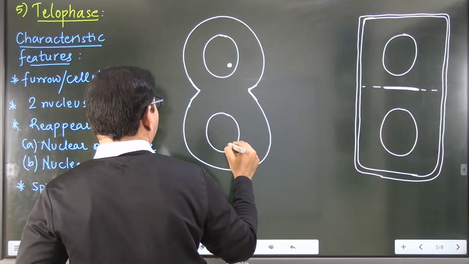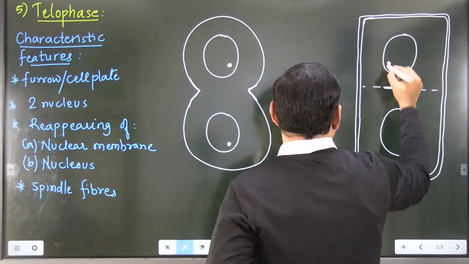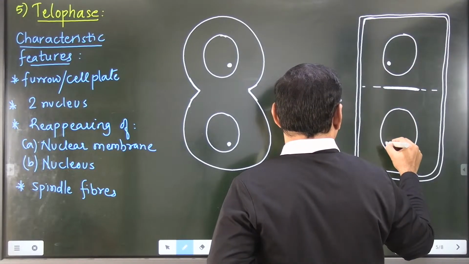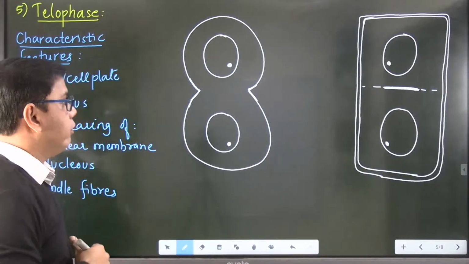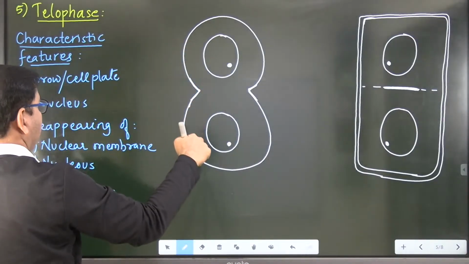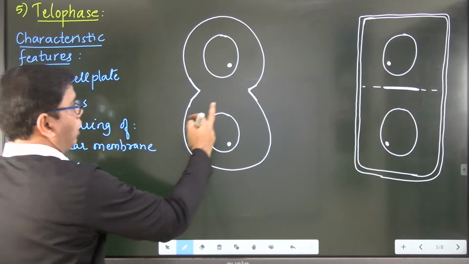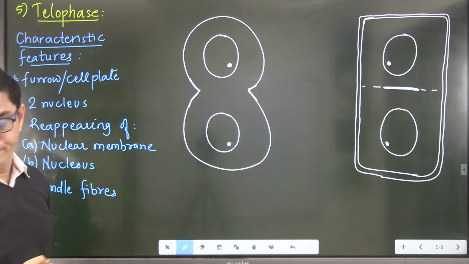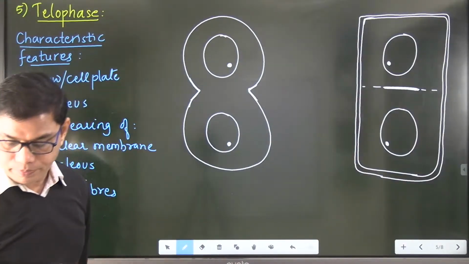So these two parts are exactly the opposite of what happens in prophase. In this sense, prophase and telophase are different. So nucleus and nuclear membrane, right? Cleavage here, cell plate there. Now no need to draw centrioles and asters.